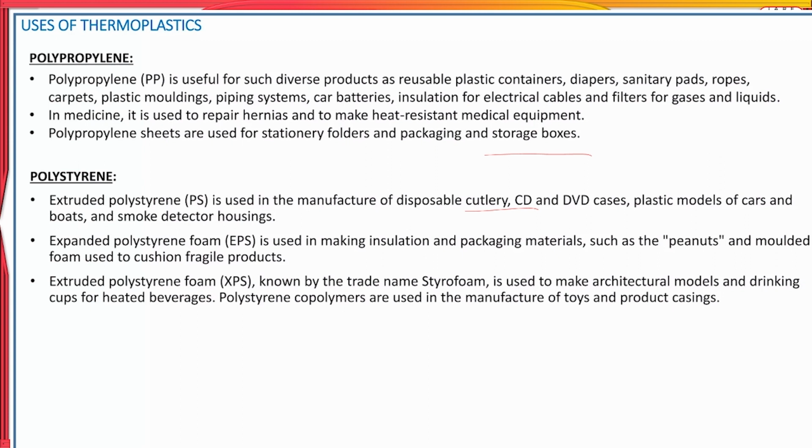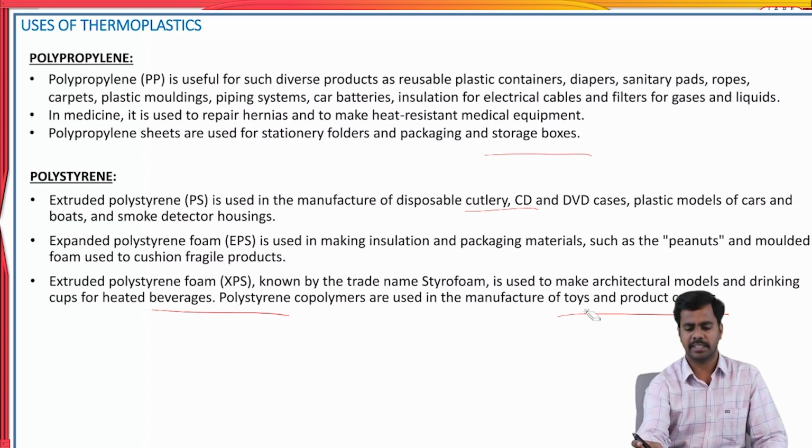Expanded polystyrene foam, known by the trade name Styrofoam, is used to make architecture models and drinking cups for heated beverages. Polystyrene copolymers are used in manufacturing of toys and product casings.